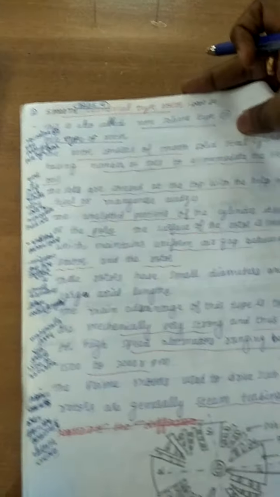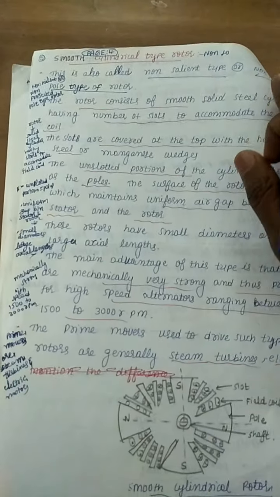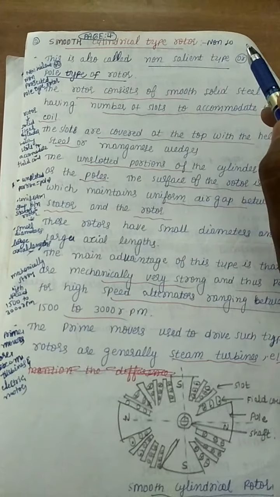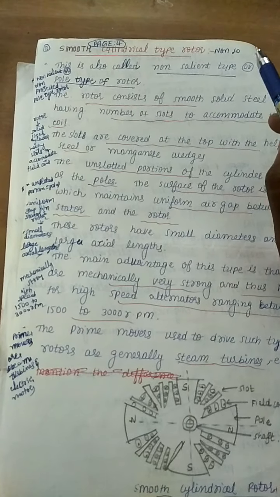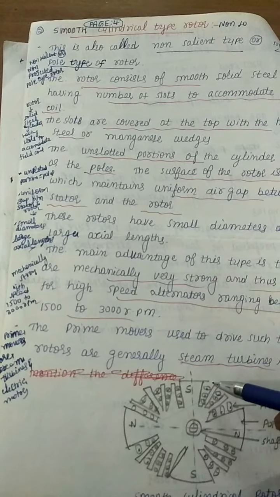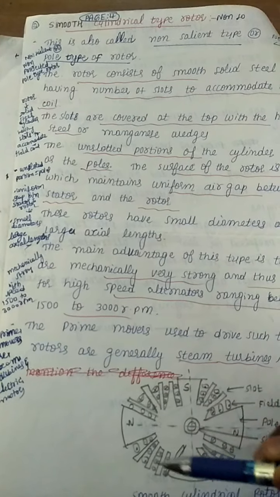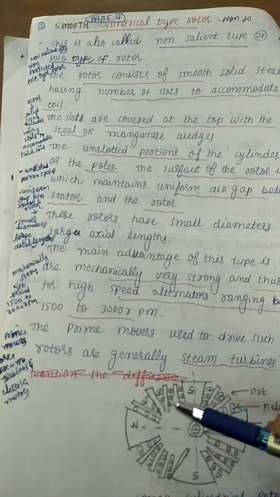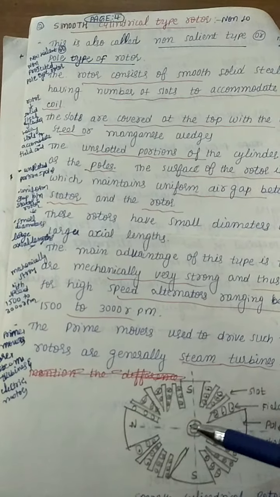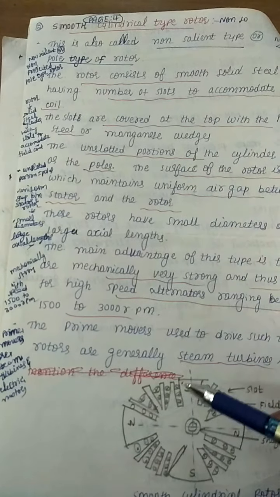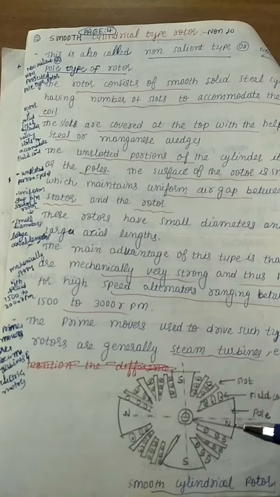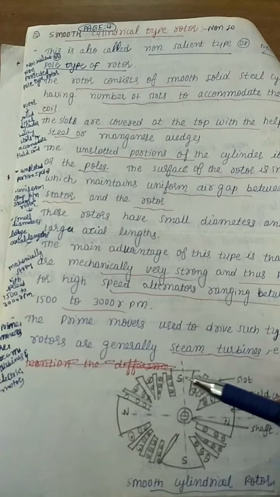If you come to the second type, the cylindrical type rotor or smooth cylindrical type rotor, it is also called non-salient pole type rotor. Here, this rotor is made of solid steel cylinder having a number of slots on its periphery. So the unslotted portion of the rotor itself behaves like a pole. These are all the unslotted portions of the rotor.